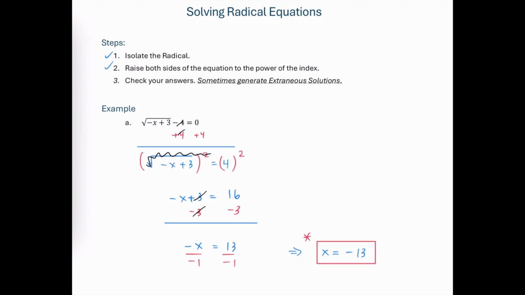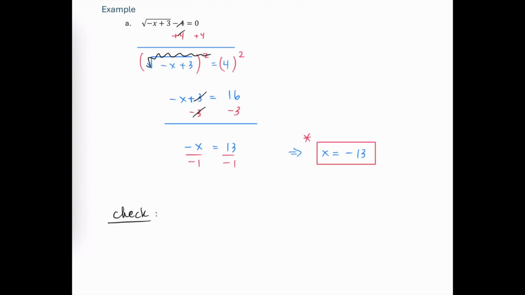In our last step here, we want to make sure we're checking the answers for any radical equation, because radical equations in particular can sometimes yield extraneous solutions, which means the solution we generate might not work in the original equation, even though we didn't make any mistakes when we calculated it. So let's check our answer by looking at that beginning equation.